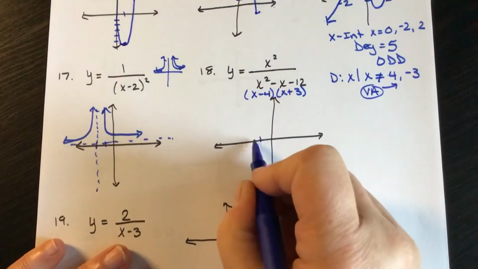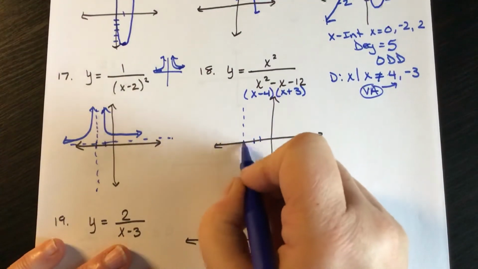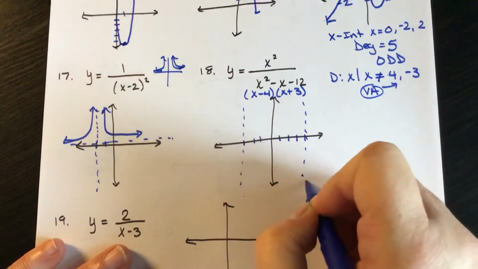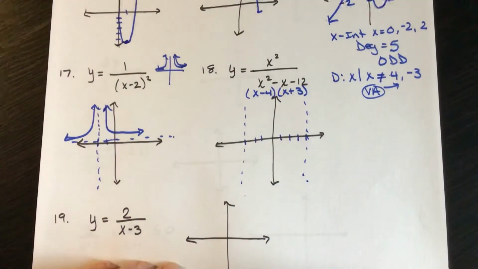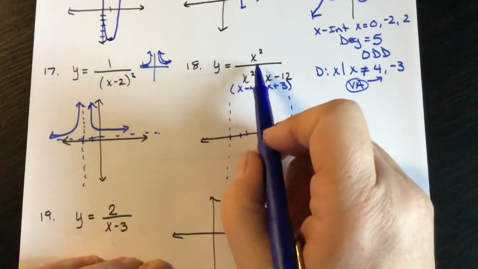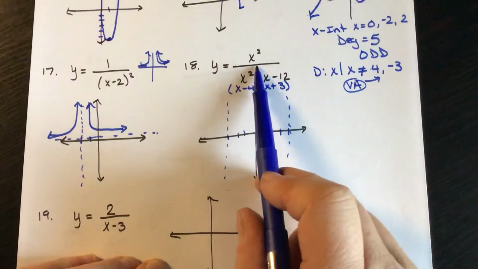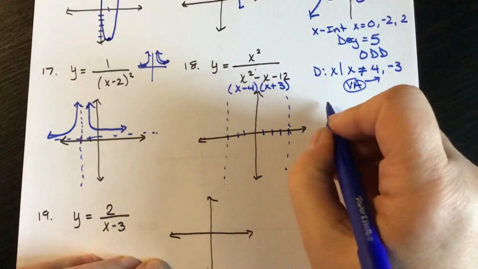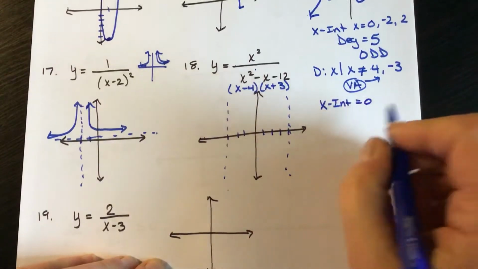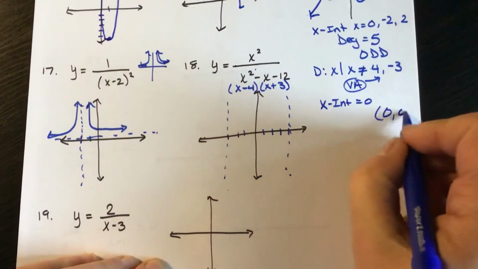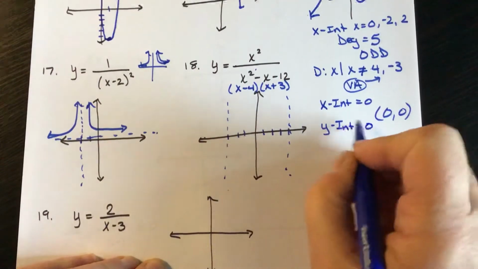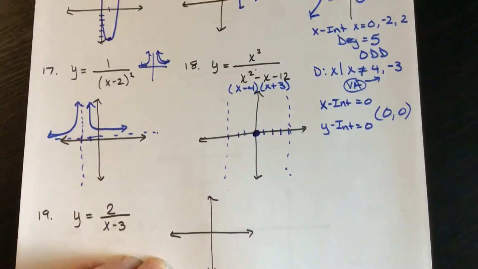So at negative 3 and 4, I have vertical asymptotes. The x-intercepts come from the zeros on the numerator, so the x-intercept is 0, so that would be the point 0, 0, so that's also the y-intercept. So I know I have a y-intercept here.